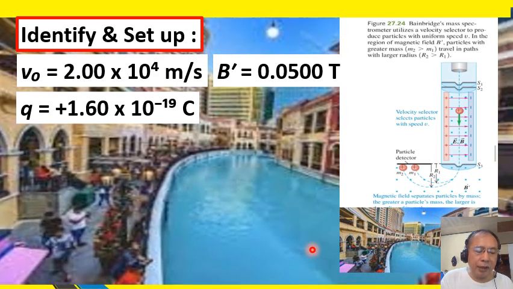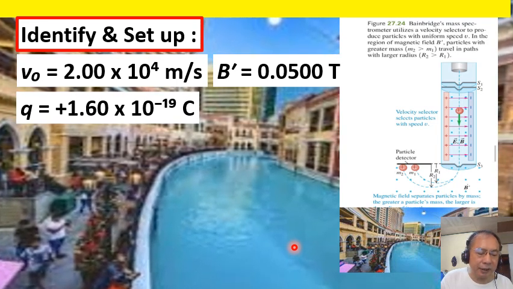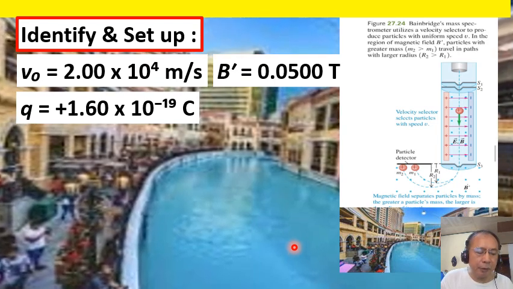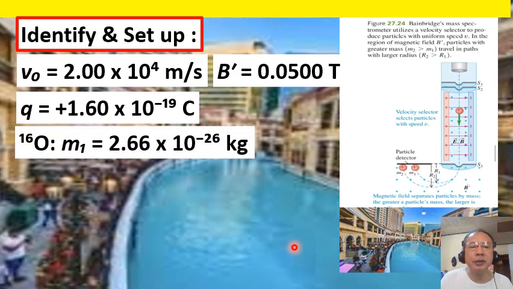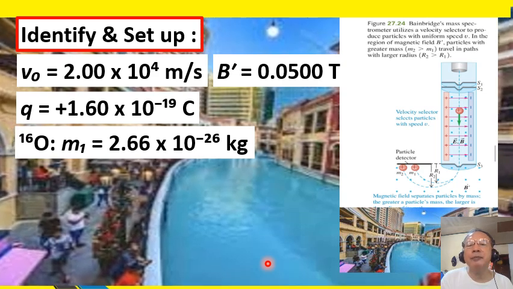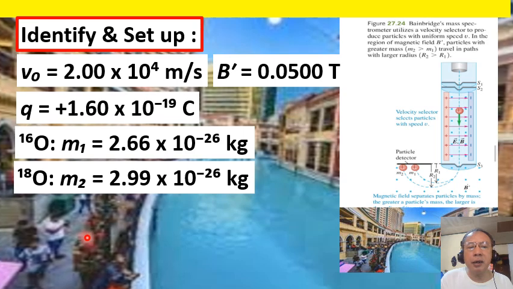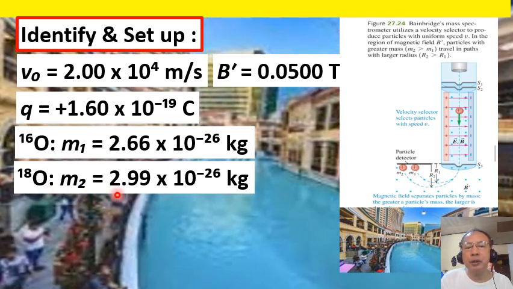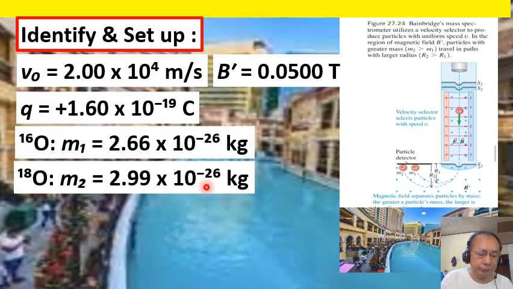Although all the ions have the same charge, they have different masses. The ions are made up of isotope oxygen-16 with a mass equal to 2.66 × 10^-26 kilogram, and the other ions are that of the oxygen-18 isotope, whose mass M2 equals 2.99 × 10^-26 kilogram.